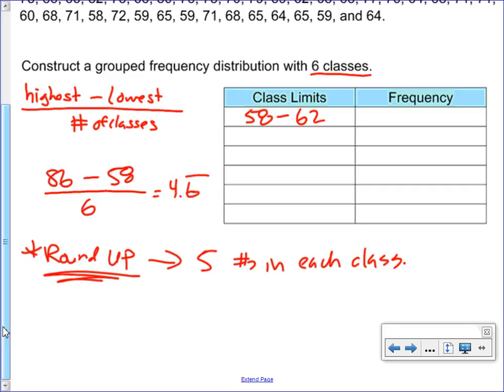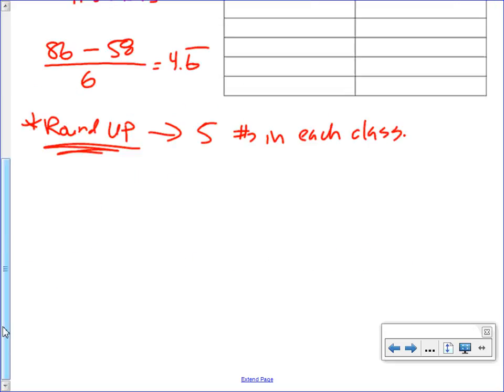Another way is to start with the lowest number, 58, plus 5, which is 63. But since you started with 58, take away 1, and that's 62. 58 is counted in the class, so you have to take away 1 because you already counted the 58. Or you could just use your fingers.